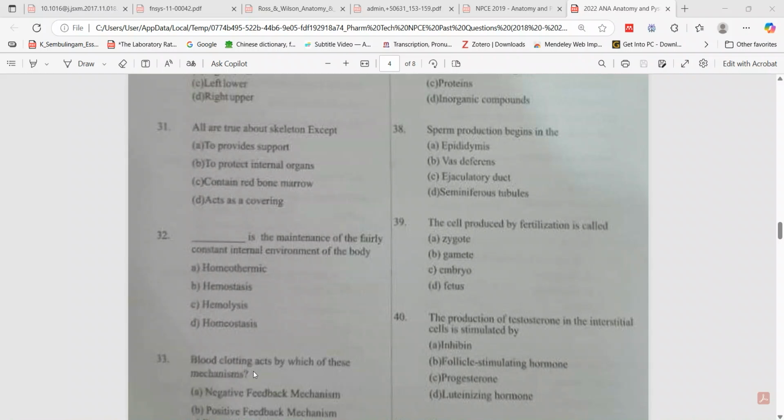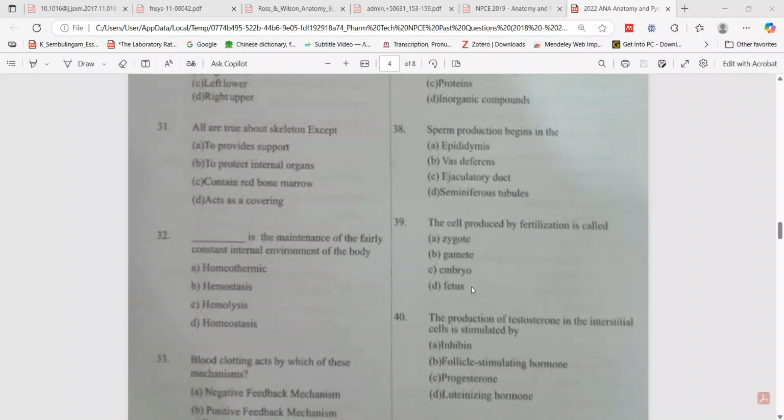Their exoskeleton acts as a covering, but humans don't have an exoskeleton. We have an endoskeleton. So when we are talking about human physiology or anatomy, we are considering the endoskeleton, not the exoskeleton.